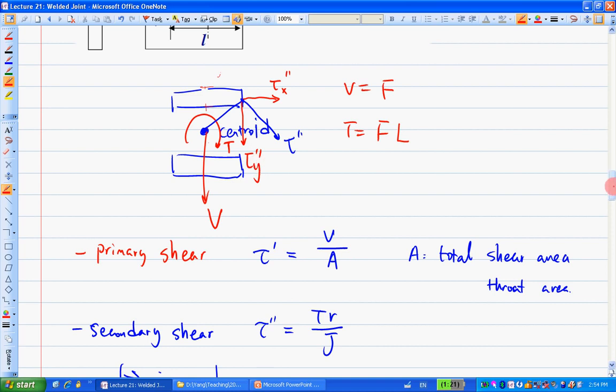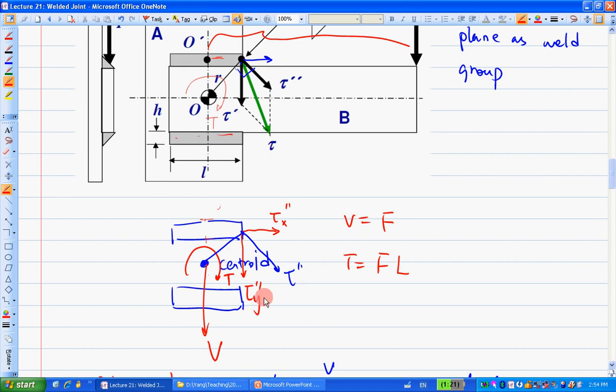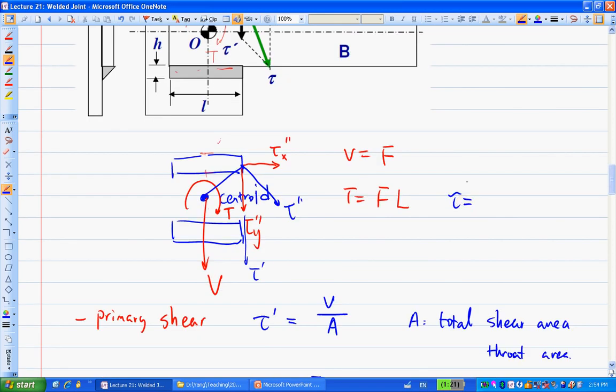You see the tau y double prime is in the same direction as the tau prime.